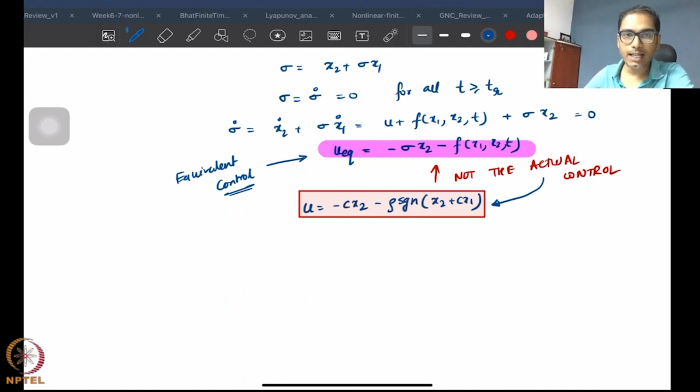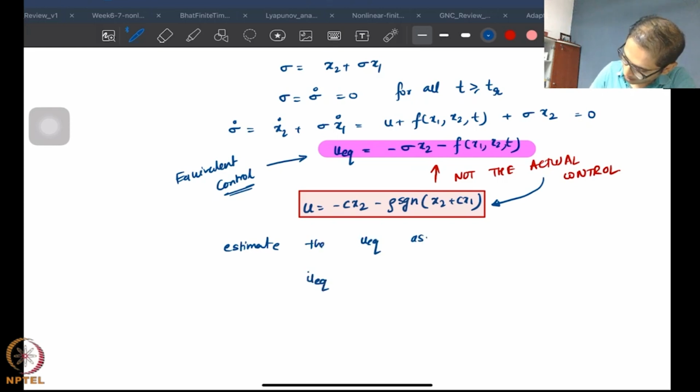We can estimate the u equivalent as a low pass filter of the actual control. So this is just minus C x2 minus rho multiplied by a low pass filter of signum sigma.